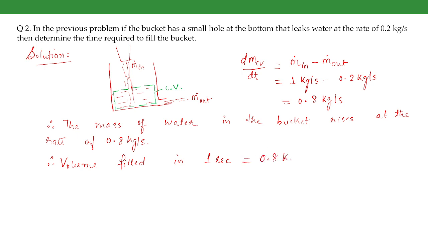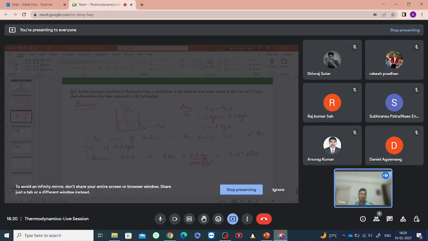So the volume that is filled in 1 second is 0.8 kg, this is the mass, divided by the density, that is 1000 kg per meter cube, which gives the volume being filled per second. So it comes out to be 8 into 10 to the power minus 4 meter cube per second.